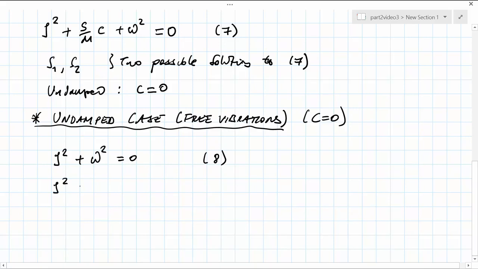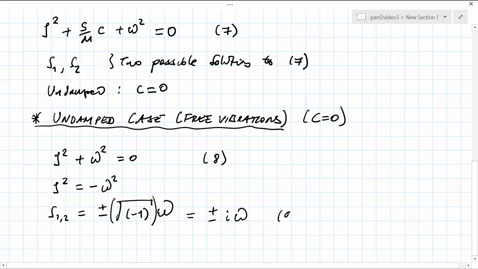So this means that s squared is equal to minus omega squared, and our two potential solutions, s1 and s2, are equal to plus or minus the square root of minus 1 times omega. And as we know the square root of minus 1 is equal to i, that gives us plus or minus i omega. So this clearly has two solutions.